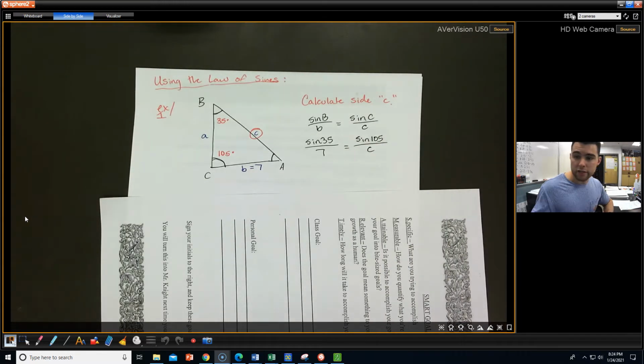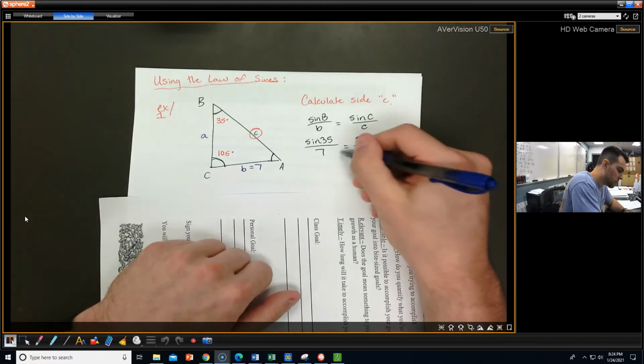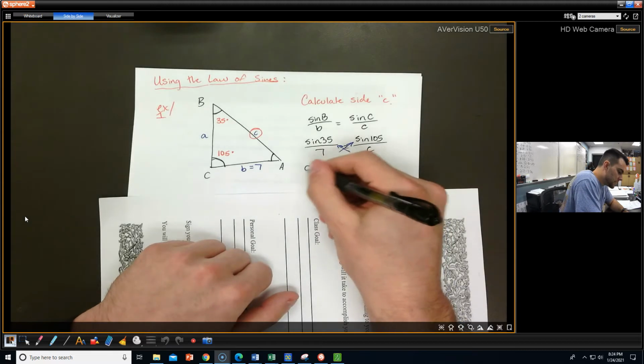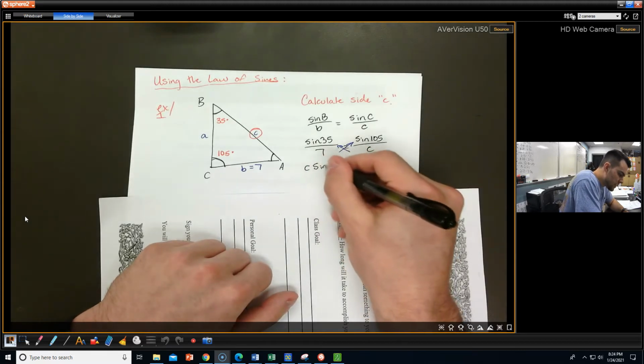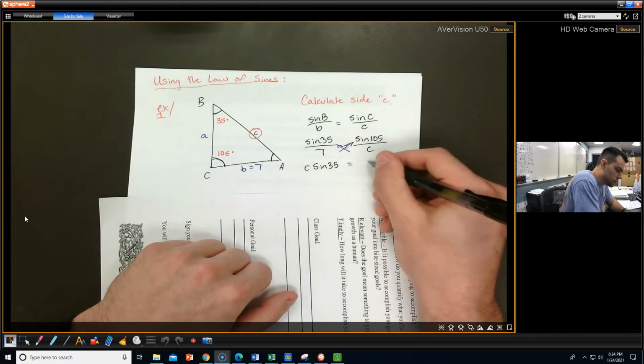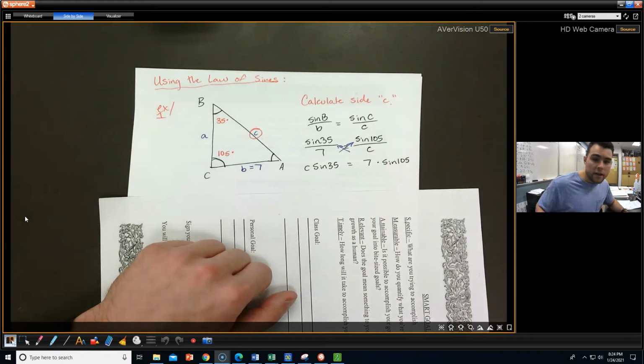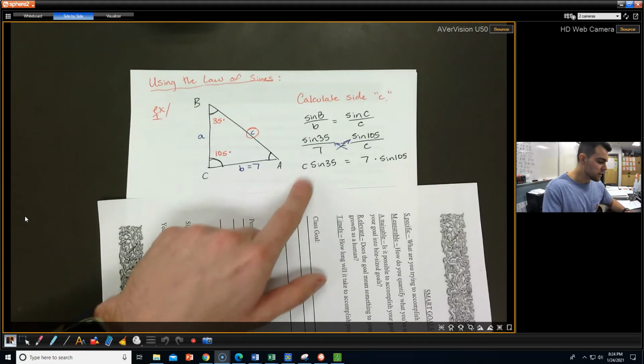So now, if we want to solve for c, this is a proportion, we can cross multiply. So I'll get c times sine of 35 is equal to 7 times sine of 105. And I'm going to go ahead and get c by itself so I can solve for it.